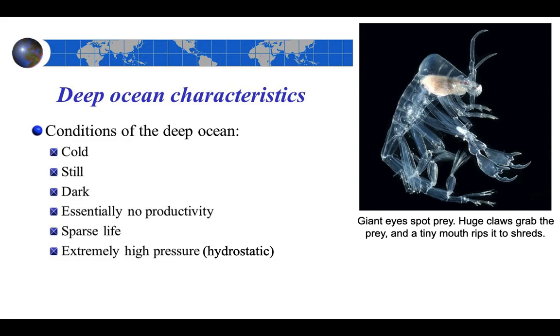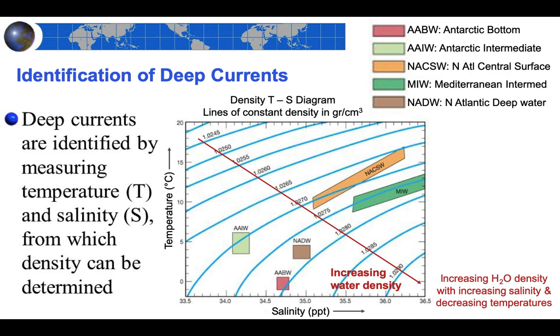You're looking at basically giant eyes and huge claws and a tiny mouth in this organism, and they preserve energy by not moving around too much, but basically grabbing any passing-by organism as prey. And at these depths in the deep oceans, where deep ocean currents exist, there's extremely high hydrostatic pressure pushing down.